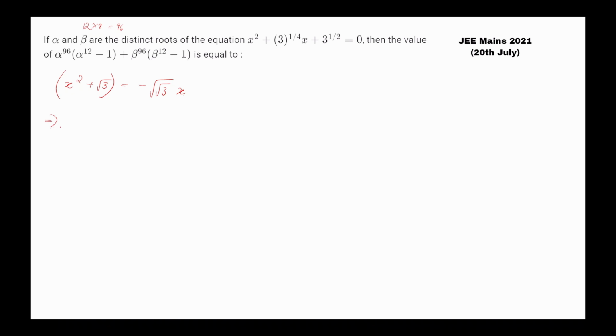Now what I'll do is square both these sides. If I square both these sides, what am I going to get? This would become x to the power 4 plus 3 plus 2 root 3 x square, and this would become root 3 x. Now again I can square this entire equation once again so that I can get this root 3 removed.